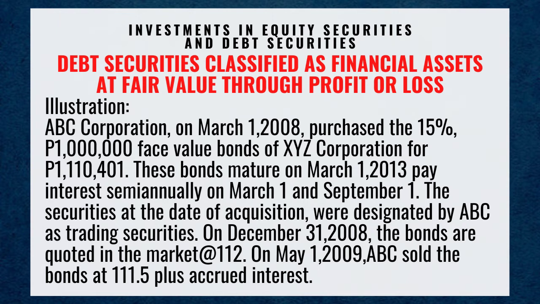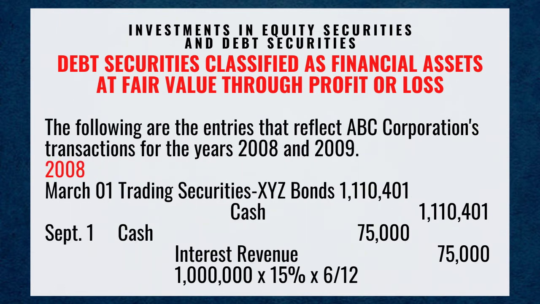The securities at the date of acquisition were designated by ABC as trading securities. On December 31st, 2008, the bonds are quoted in the market at 112. On May 1st, 2009, ABC sold the bonds at 111.5 plus accrued interest. The following are the entries that reflect ABC Corporation's transactions for the years 2008 and 2009.